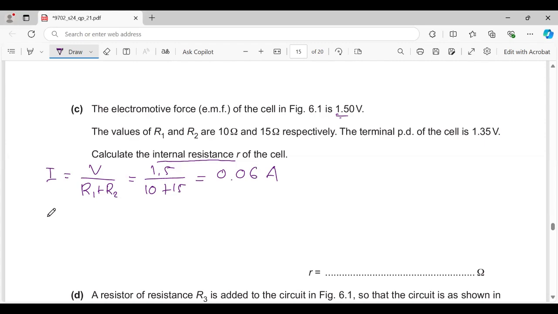Now we're going to calculate R, the internal resistance, which equals the electromotive force minus the terminal potential difference over this current. So it is 1.5 minus 1.35 over this result, 0.06.